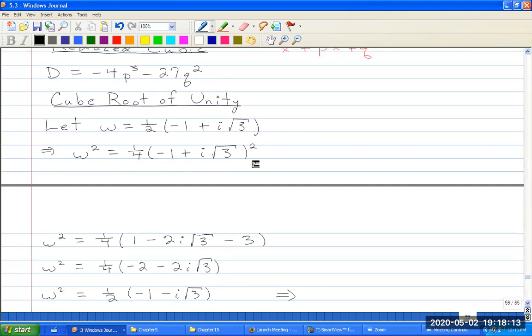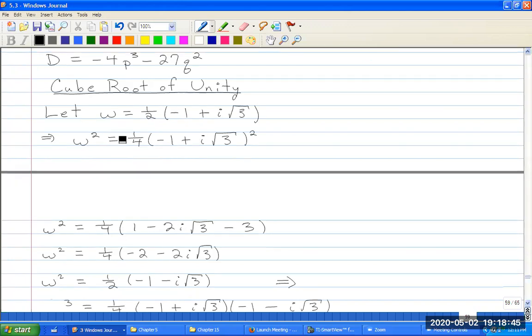By the special product formula, it's just negative 1 squared, 1, minus 2 i root 3, plus i squared, which is negative 1, times root 3 squared, which is 3, so minus 3. 1 minus 3 is negative 2. Factor out a 2, so you get 1/2 times (-1 minus i root 3). Notice that omega squared is just the complex conjugate of omega.